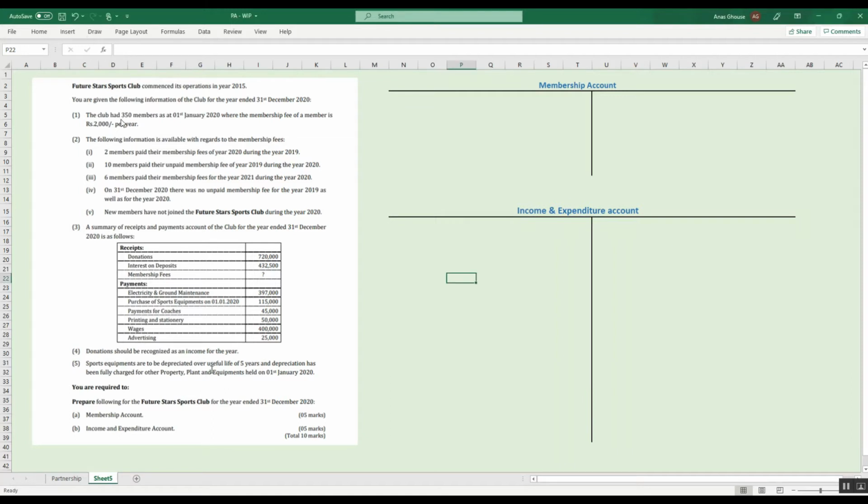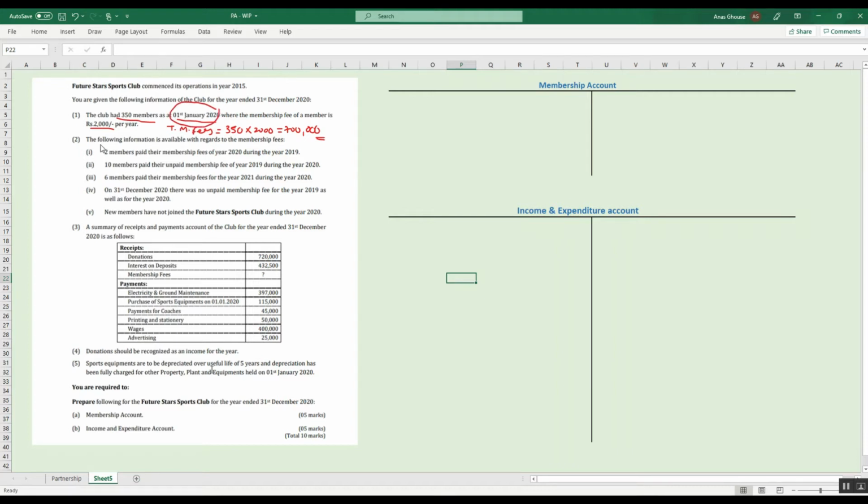So if you calculate the total membership fees, that will be 350 times 2000, which is 700,000. This is the total membership fees to be recognized in the year 2020.